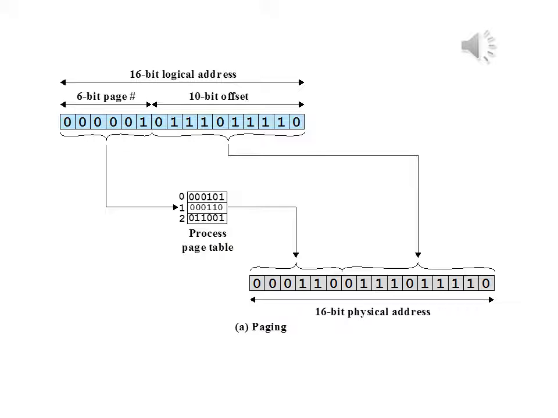In our example, we have the logical address 0000001111011110, which is page 1, offset 478. Suppose that this page is residing in main memory frame 6, binary 000110.